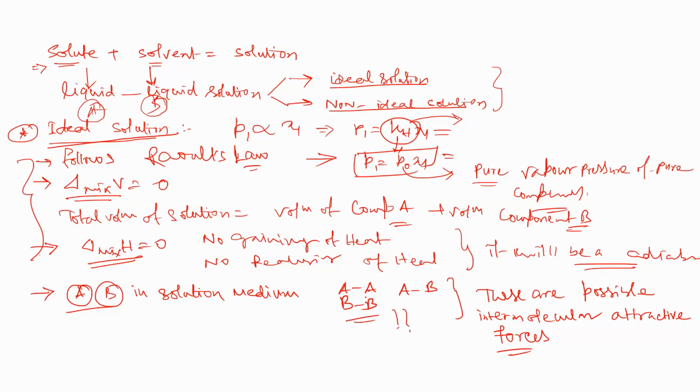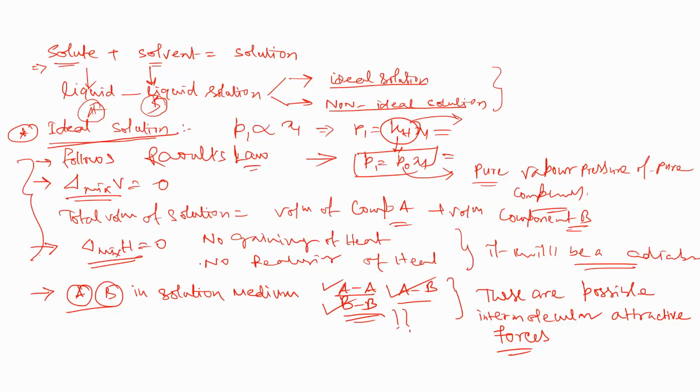For the ideal solution, these attractive forces will be equal. So if the solution is ideal, then the intermolecular attractive force AA, the BB, and the AB will be equal.